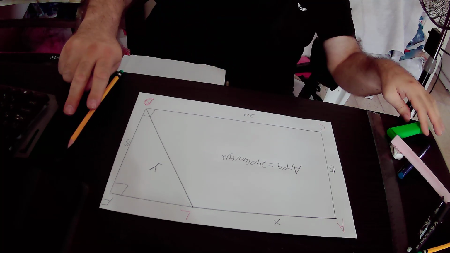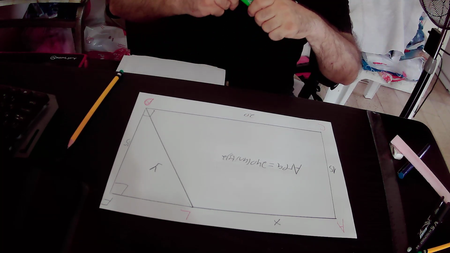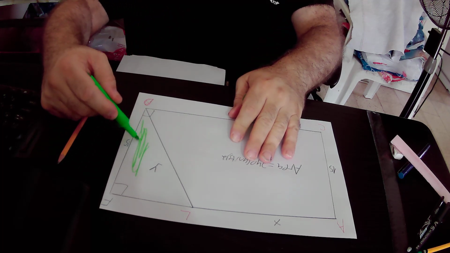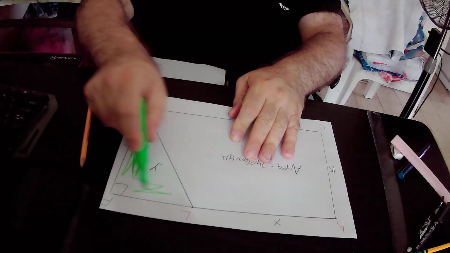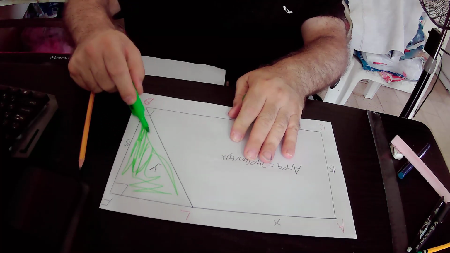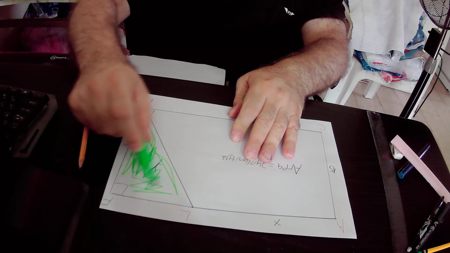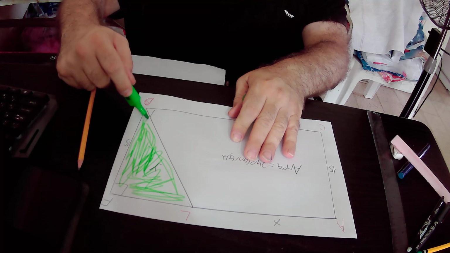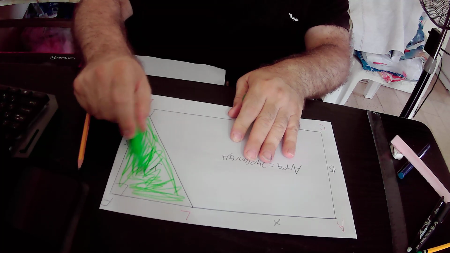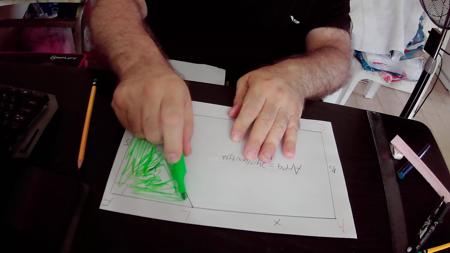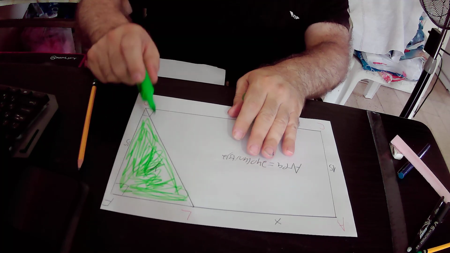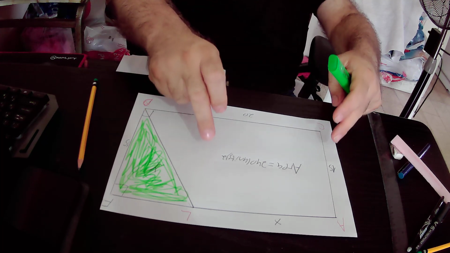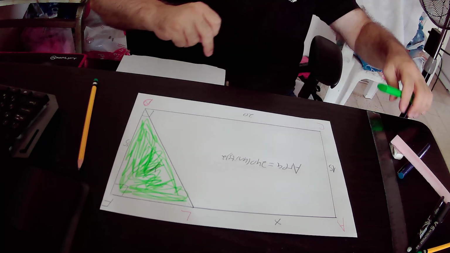So the area of the right green triangle LFD will be equal to the area of the rectangle minus the area of the white shape.